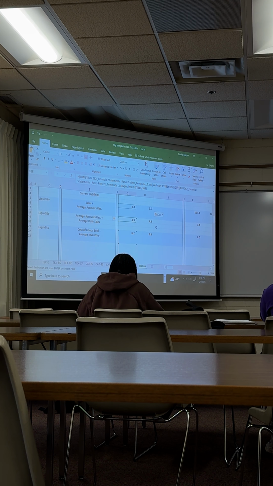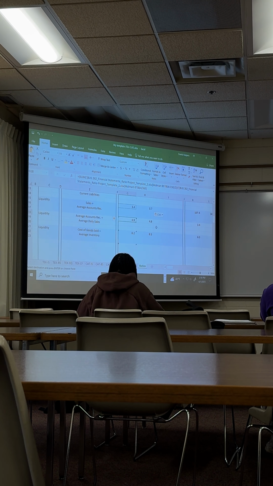This one, I've got an average on the top and the bottom, the numerator and denominator. So I'm gonna go equals and open a parentheses, type sum, open another parentheses, go to the balance sheet, and sum those 4 receivables again. I don't know why it keeps putting that there. It's annoying.